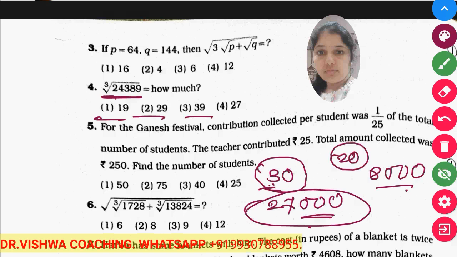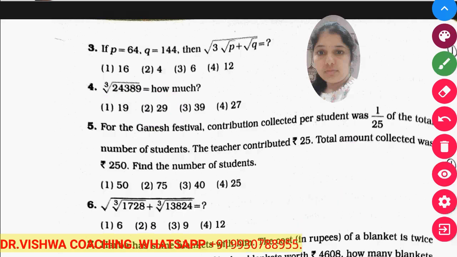It is 8000. Now this 24389 is the number which is in between 8000 and 27,000, and so it is the cube of 29. Okay, so 29 is your answer.